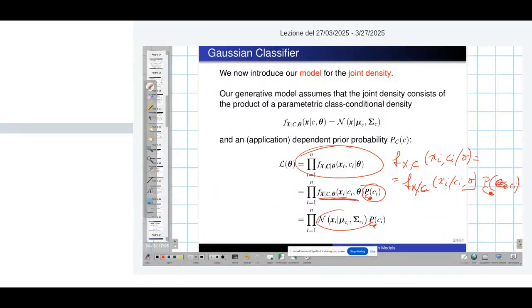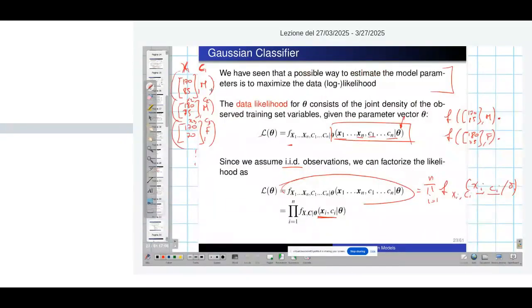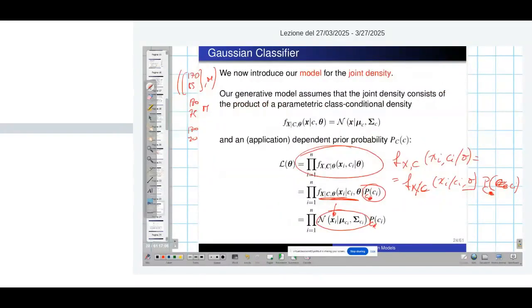The class conditional density is the Gaussian density. So for example, for our previous example, which had (170, 85) male, then (180, 75) male, and then (170, 70) female. These were our samples.